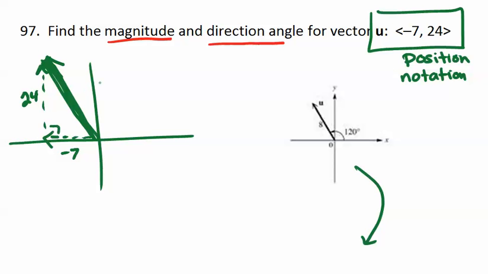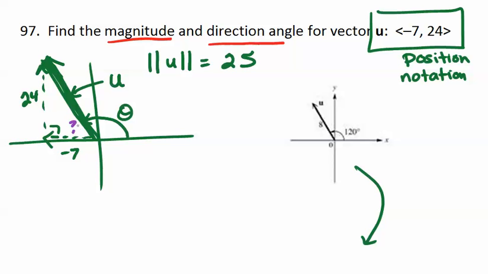And the magnitude of that vector, so we're asked to call that vector u. The magnitude of u we write with absolute value signs, and do you remember Pythagorean triples 7, 24, 25? If you didn't, then you'd have to go through Pythagorean theorem. And now we want the direction angle, so we need to find this angle right here from standard form. Well, the first thing that we need to do is to find this angle right here.